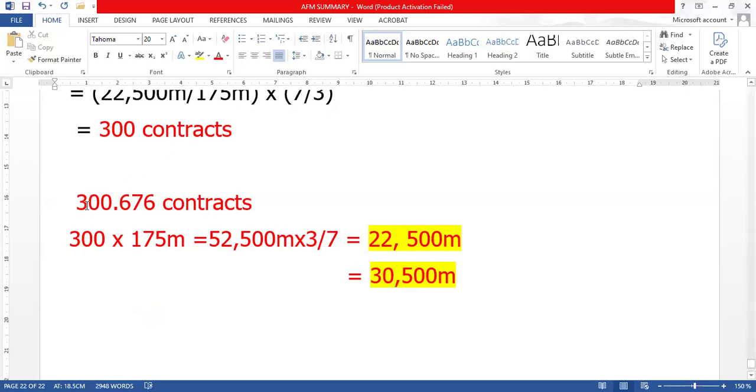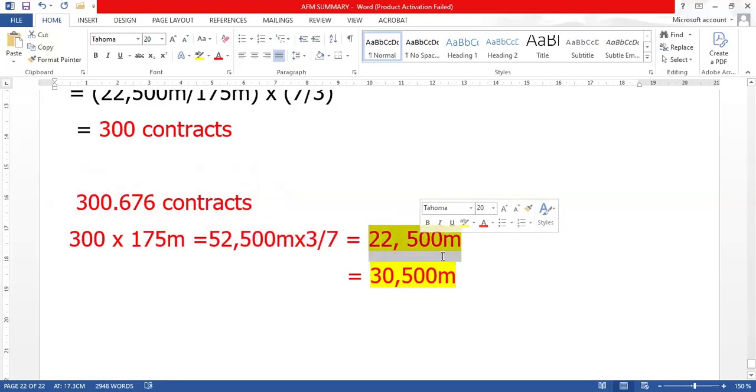And after getting 300.676, you get the difference between these two. Simply consider the 300 times the contract size, times now you make the reciprocal of your debts, 3 out of 7.